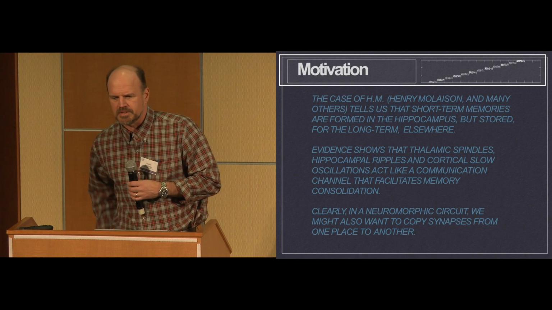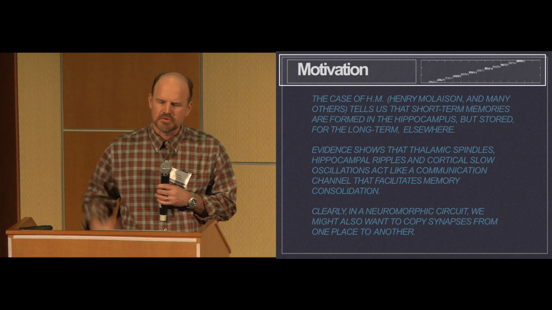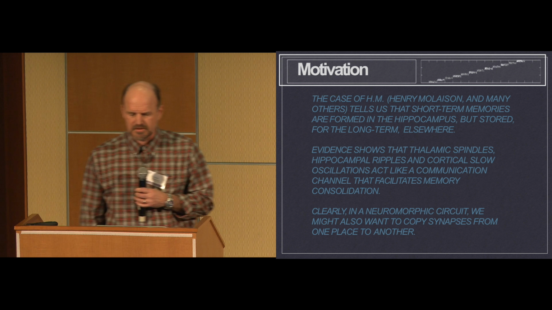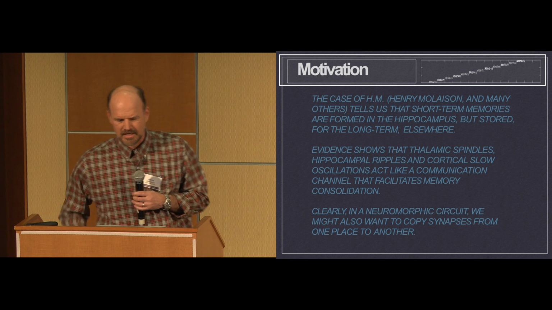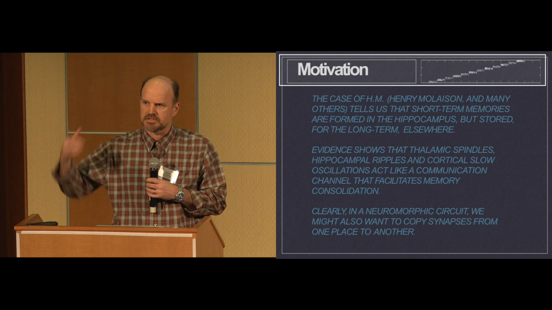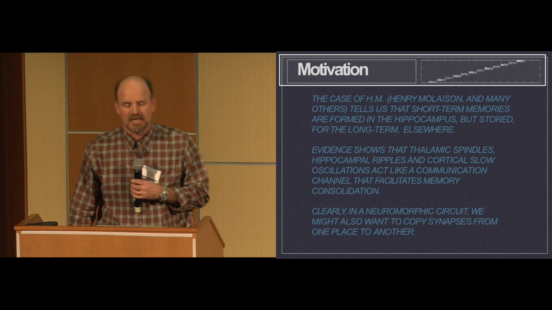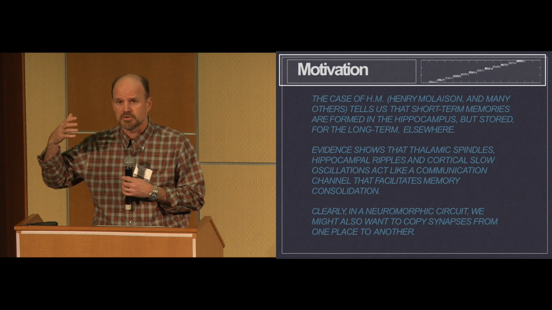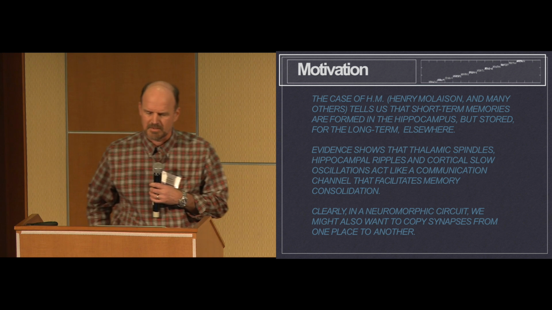In terms of copying synapses, I think there are two main motivations to this work. One is on the neuroscience side. Henry Molaison had bilateral lesions in his hippocampus, and he was still able to access long-term memories. He was able to form short-term memories, but he was not able to turn the short-term memories into long-term memories.